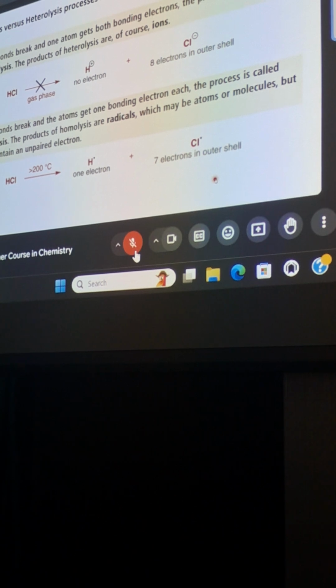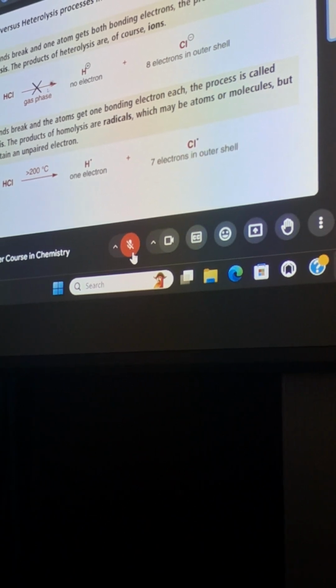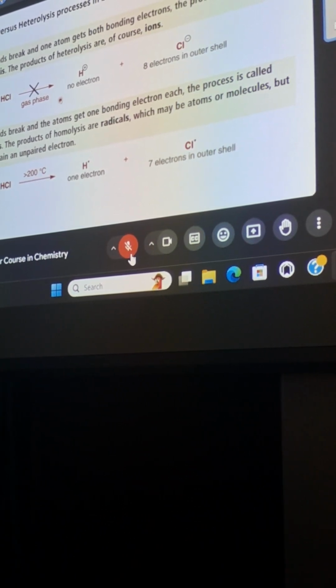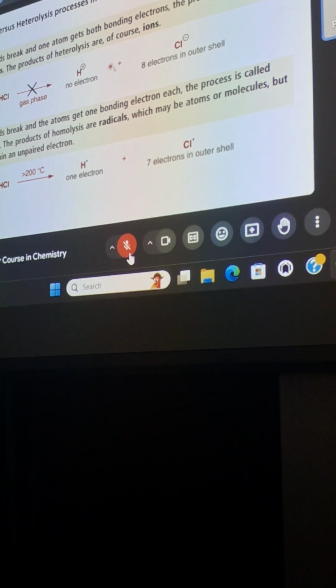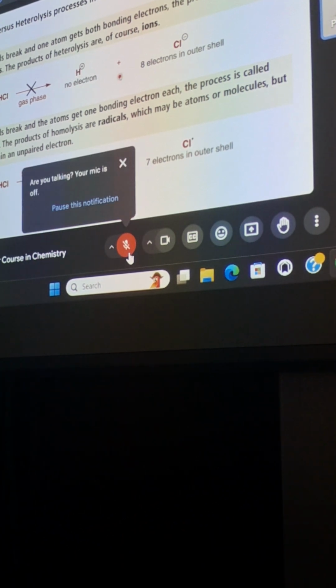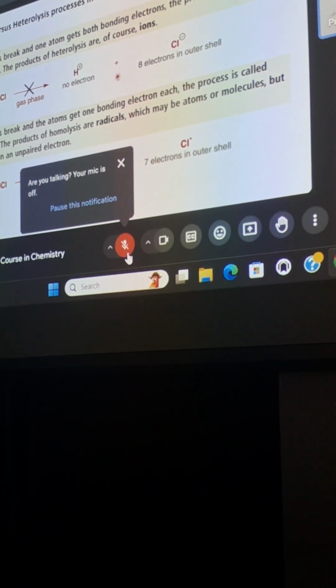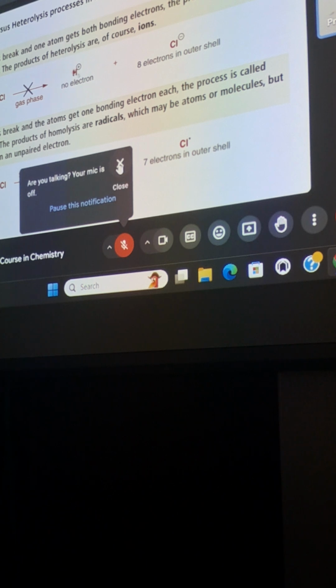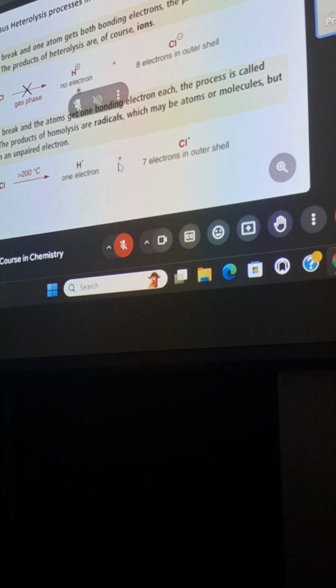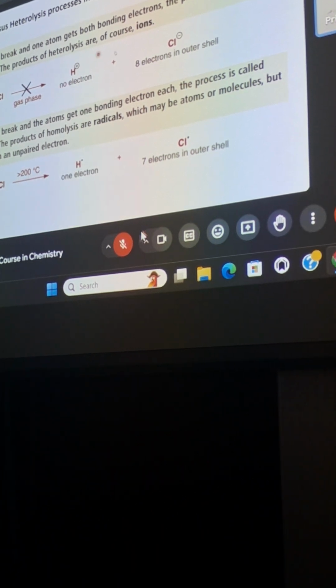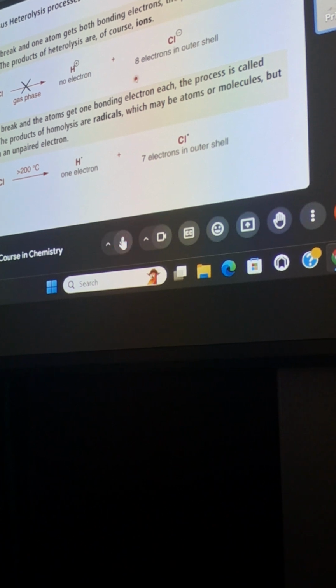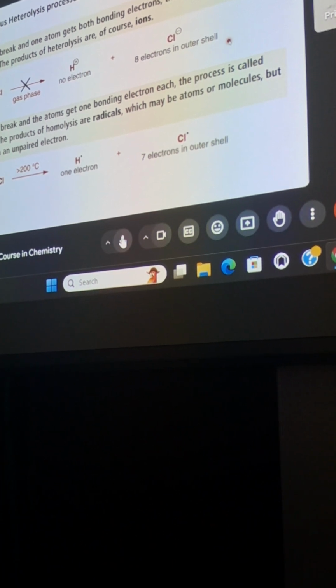Now I will ask you, why is this reaction not favorable? Can you tell me, can you make us understand? Any one of you, can you guess why this reaction is so difficult to attain? That means the formation of the ions is so difficult.